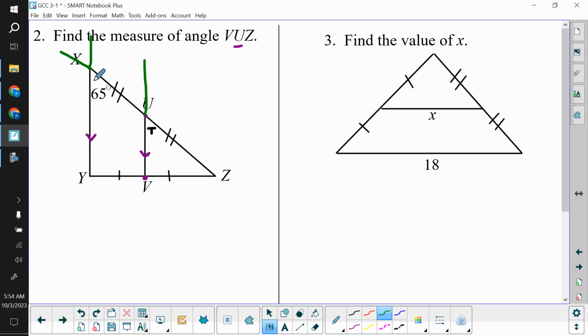What I want you to notice is that this 65 is in the bottom right of the intersection. Angle T is also in the bottom right of the intersection. So those are our corresponding angles when we have parallel lines, which are always equal. So we'll just have the angle VUZ equals 65 degrees.